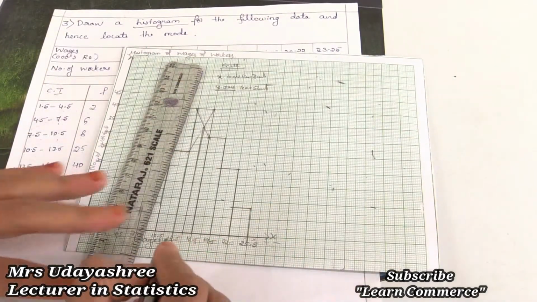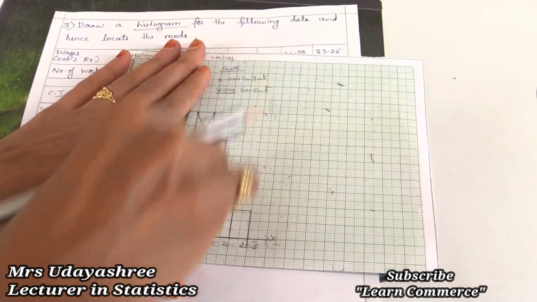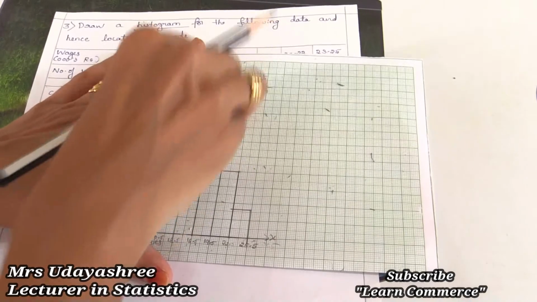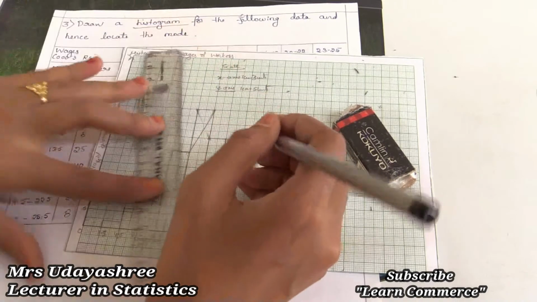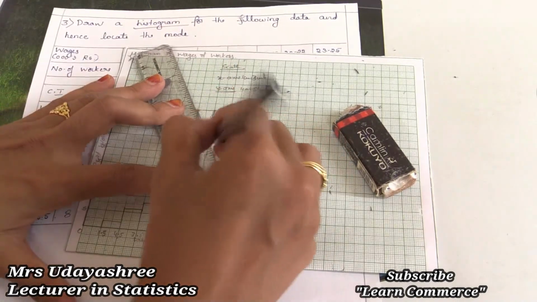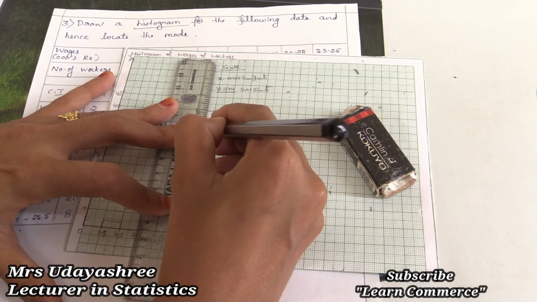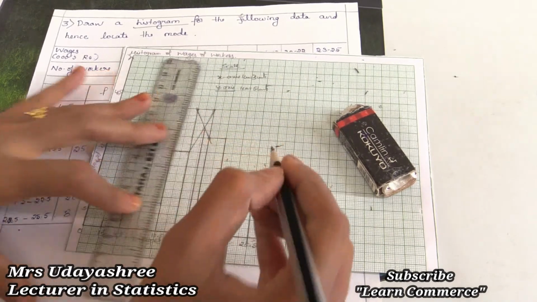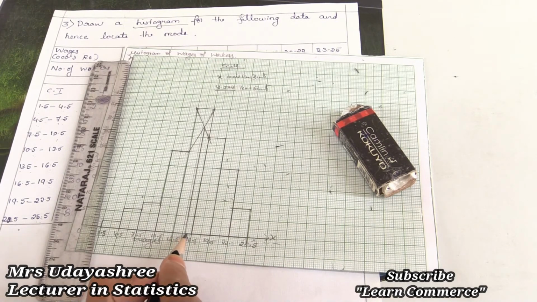Yes, now it is perfect. This is 13.5 and this is 16.5, and this middle line is 14.5, and next line is 15.